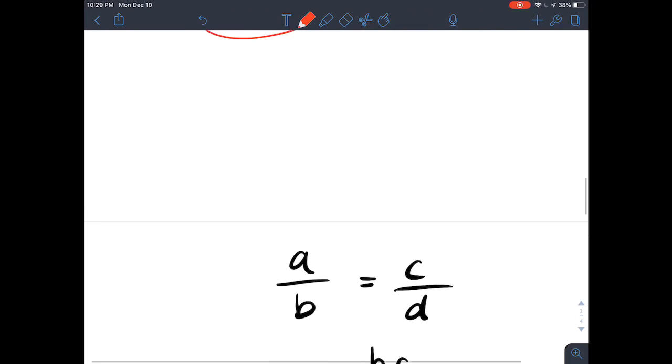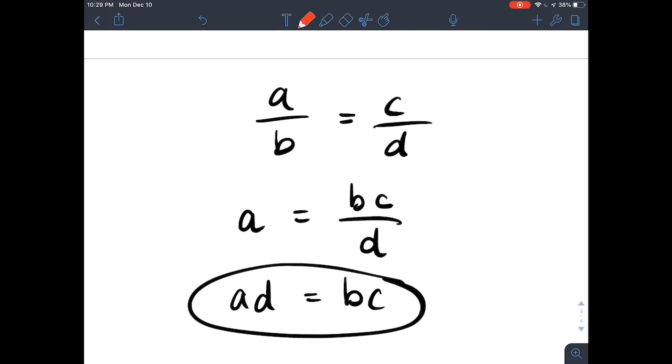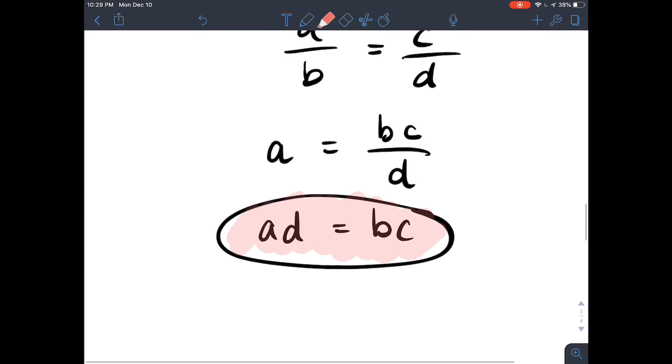All right, so just to recap, if you have a proportion, a over b equals c over d, it does indeed end up equaling ad equals bc. So you can use cross multiplication if you insist, if you really want to use that terminology and you feel confident about it, I will not stop you.